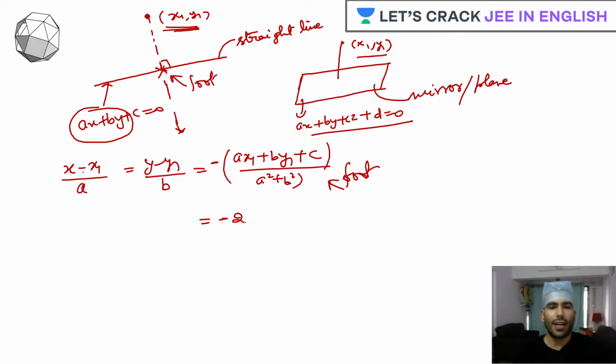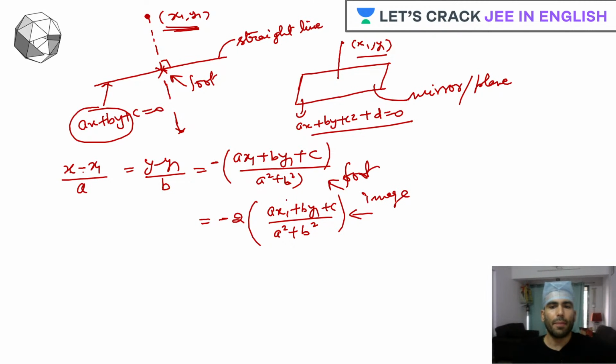And if you write it like this, what will you be getting? You will be getting the image coordinates.